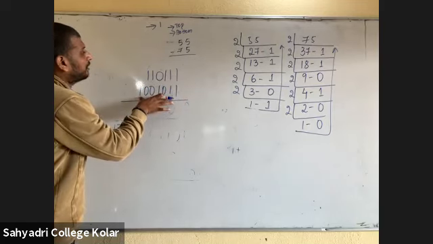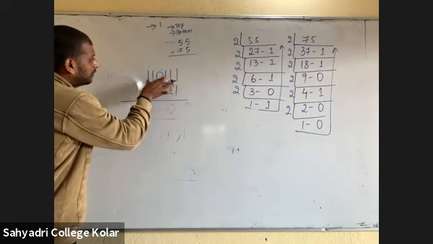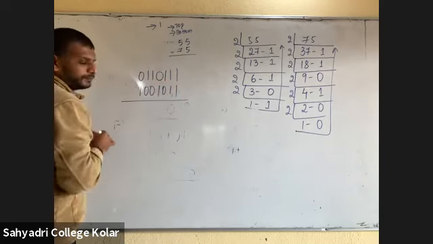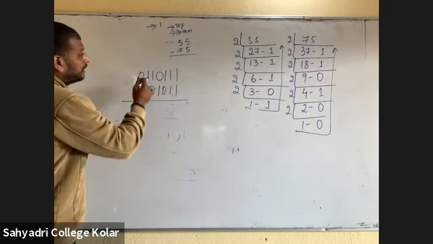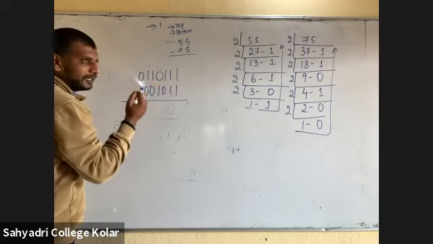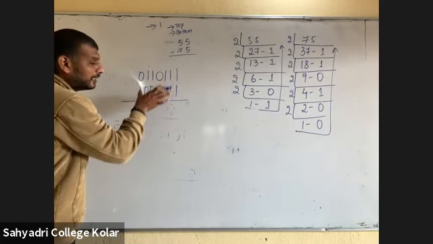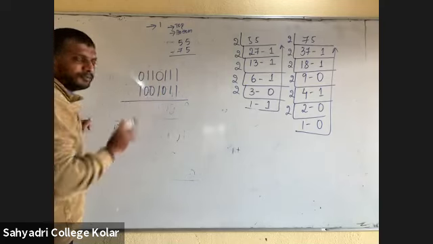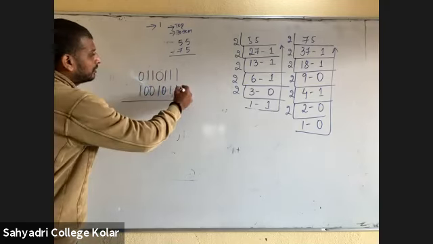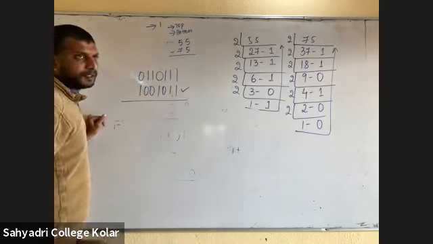At that time, you need to add a 0 so that both the top and the bottom numbers have the same number of bits. So the first part is over.